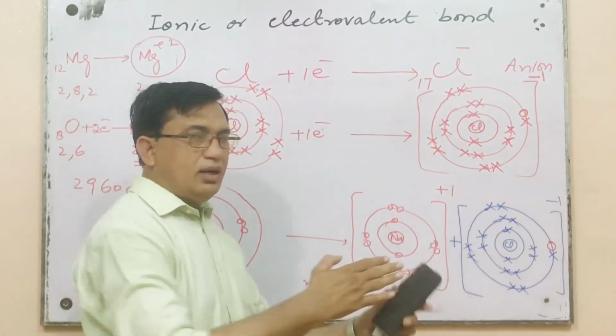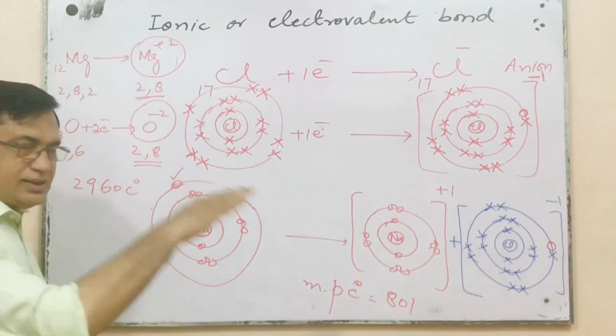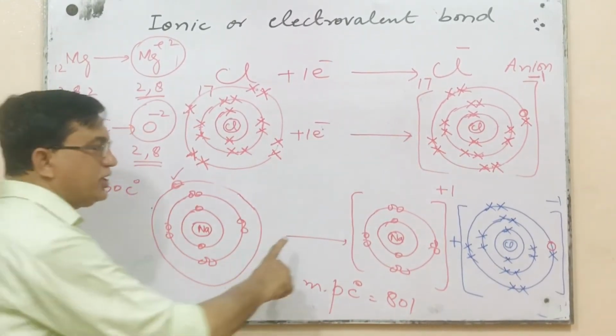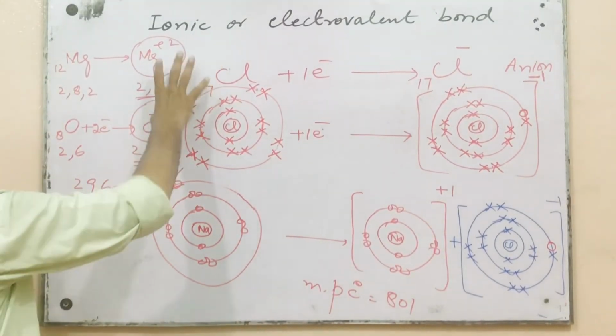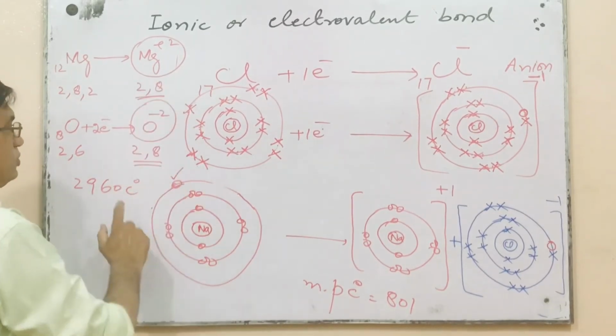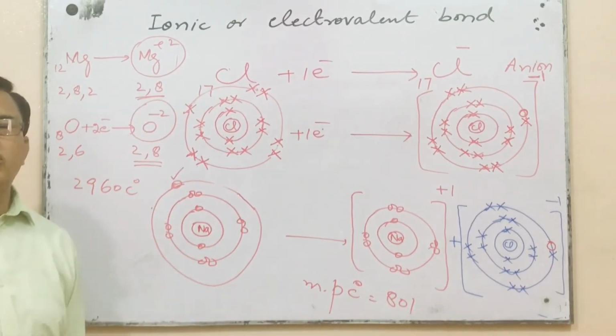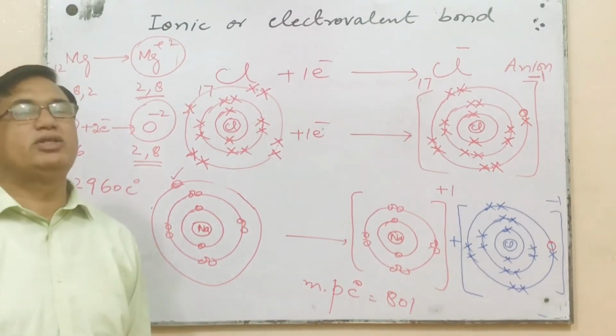If the sizes are larger, then the melting point will be lesser. The electrostatic force of attraction will become very weak, but if the sizes are smaller, then the electrostatic force of attraction will be much stronger and the melting point of the substances will be very high.